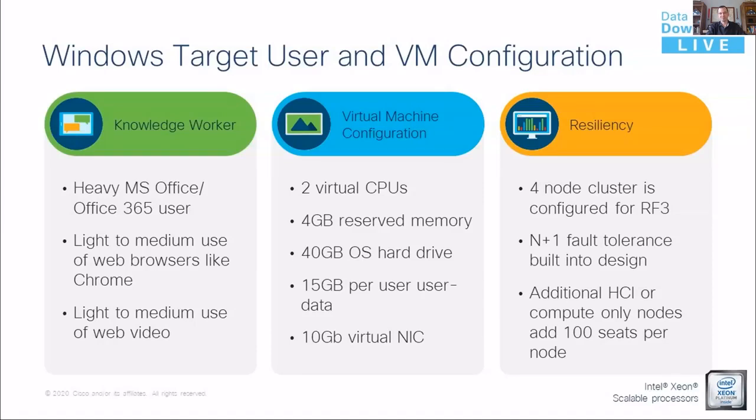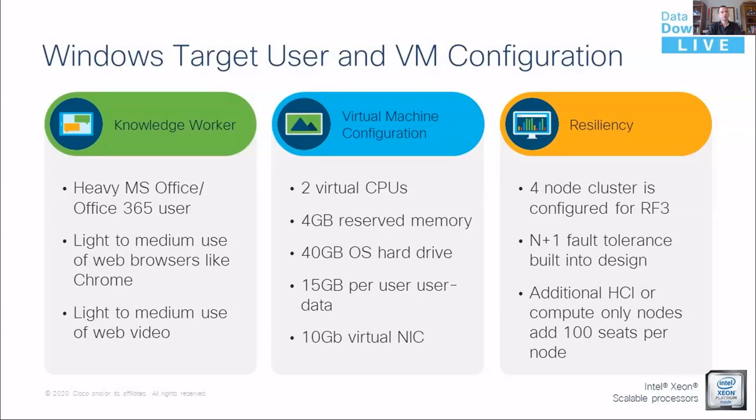Also, I've seen some video conferencing applications drive some pretty robust requirements for VDI. This was more tailored for your traditional knowledge worker that's not really doing a lot of content production. They're doing traditional business apps through web-based applications and office productivity type situations.